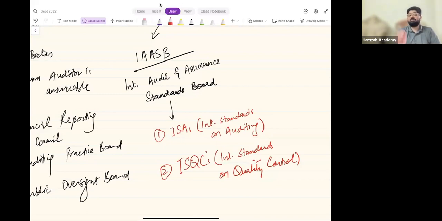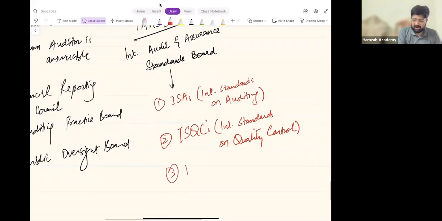They are standards and guidelines to ensure and improve the quality of audit. And they issue other standards as well. ISR is International Standard on Review Engagements. And there are more, but we need not discuss those.